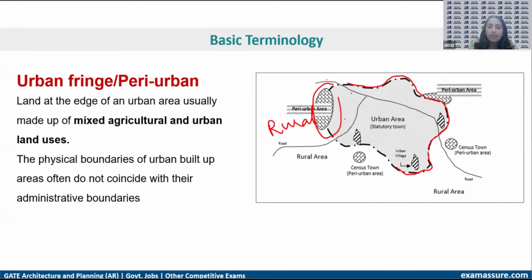So that periphery or that transition space is known as your peri-urban area, which is usually towards the edges or the boundaries of your urban area.